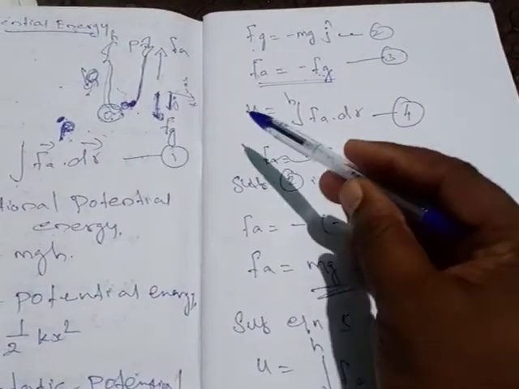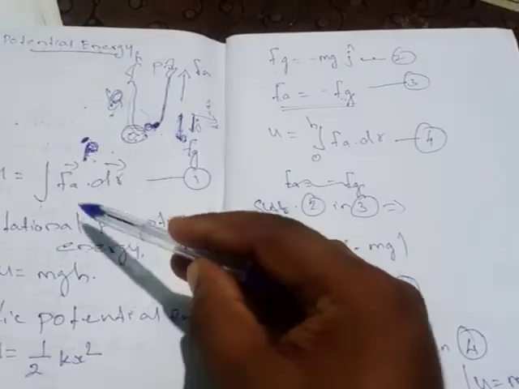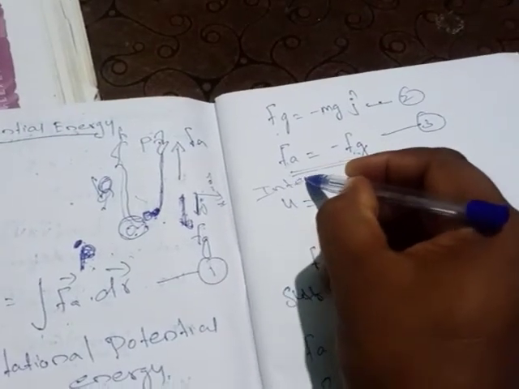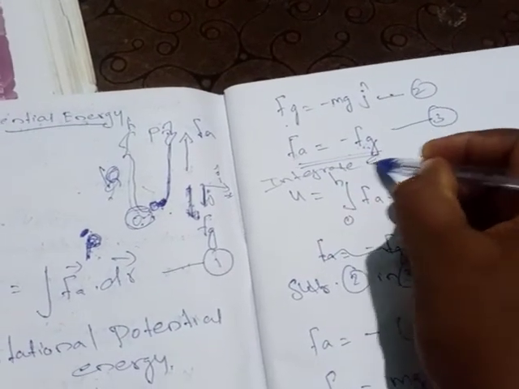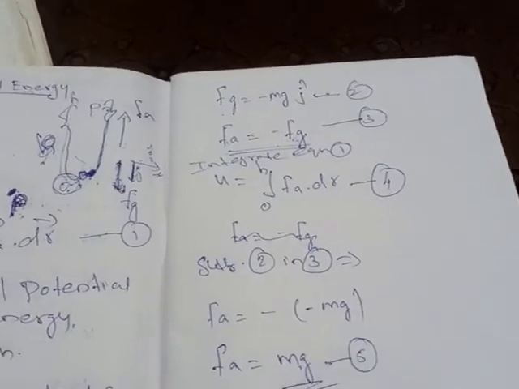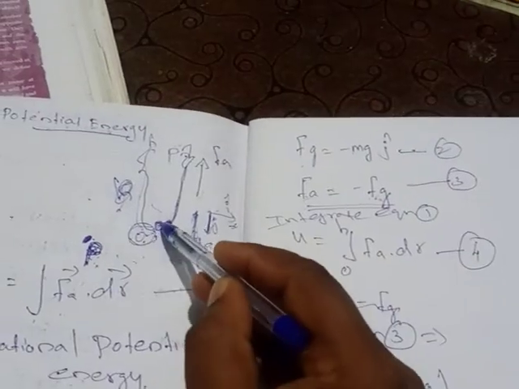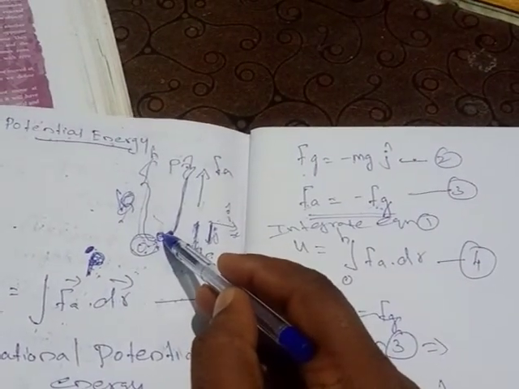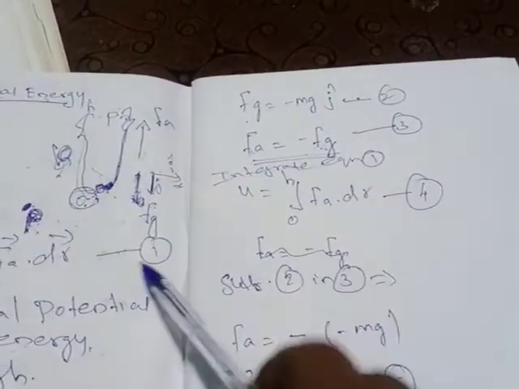Next step, we integrate equation 1. U is equal to integral of Fa dot dr from 0 to h. We are moving the object from the position O to some height h, so we give the limit 0 to h.